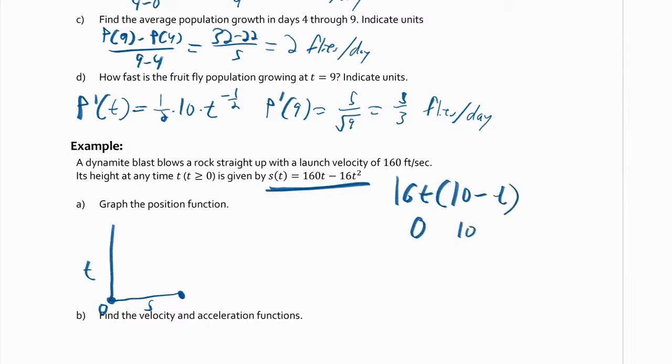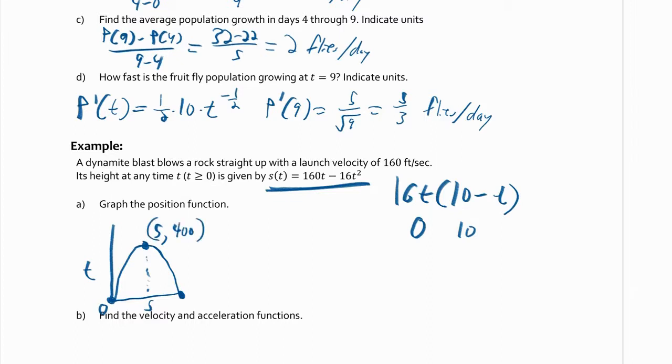So this graph is going to go from 0 to 10. It's an inverted parabola. You should know that by the shape that's given. So we can figure out that the maximum occurs at 5. And I can even plug that in pretty easily right now: 5 times 16 times another 5, or 25 times 16. Or 5 times 4 times 5 times 4, or 20 times 20, or 400.